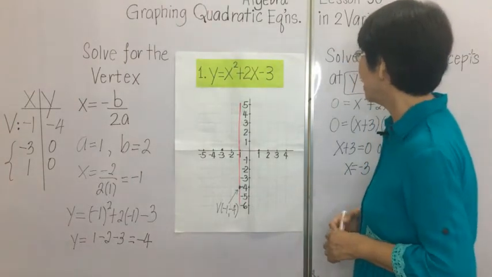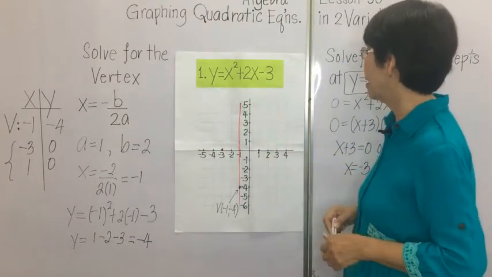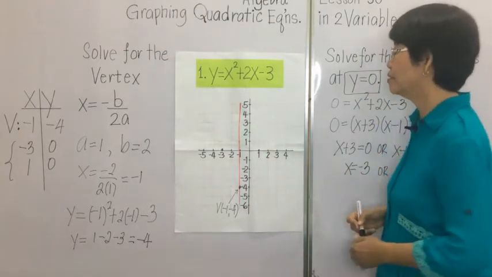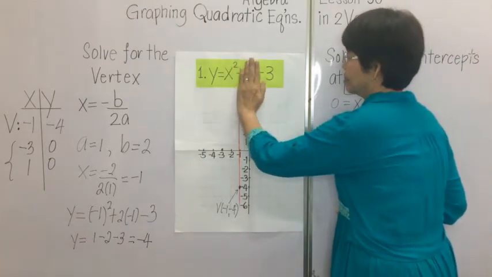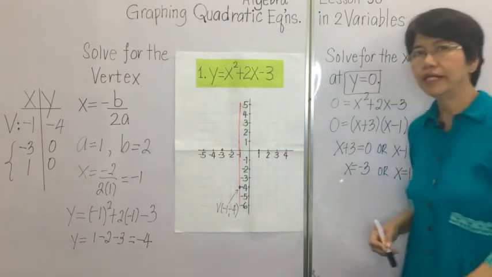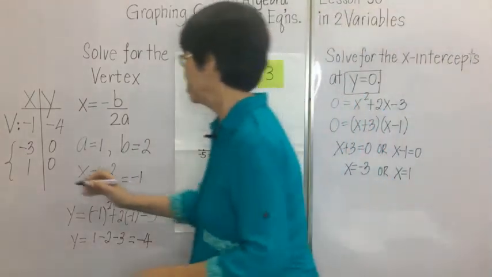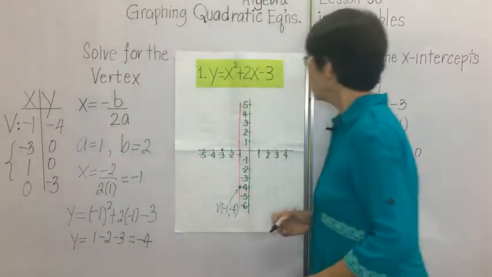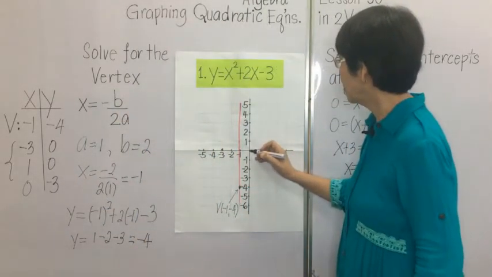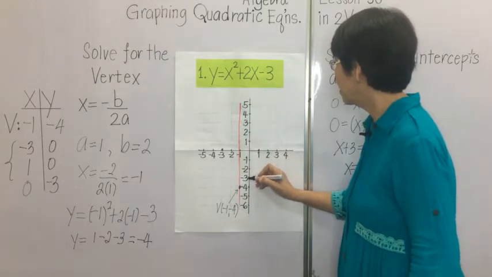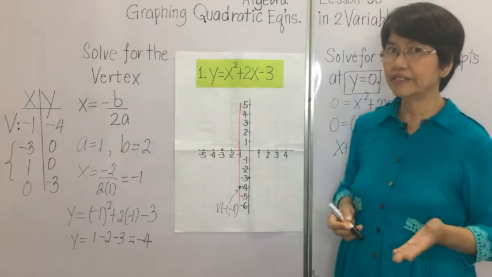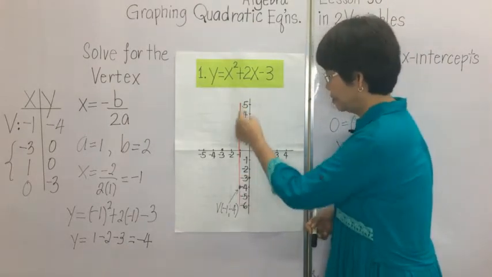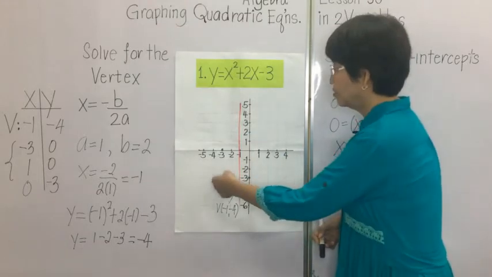So we can take a point at x equals 0, and when we're solving for x equals 0, we simply cover this 0, so y is equal to negative 3. So at x equals 0, y is equal to negative 3. And then we can reflect the value at 1 unit away from the line of symmetry to the left.